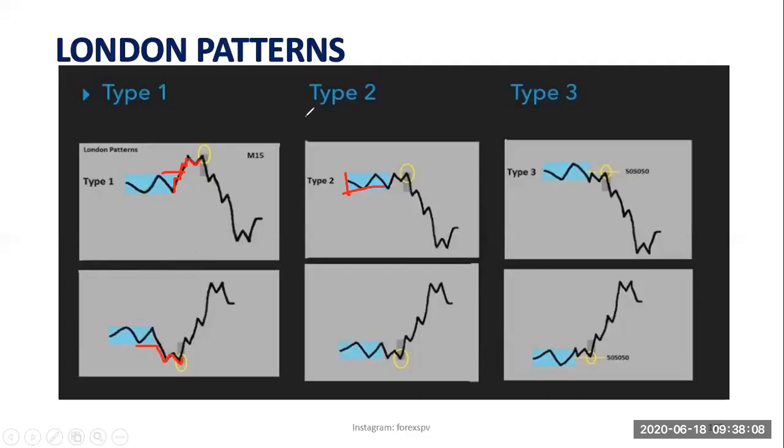And for the type 2 London patterns, these are the patterns where you simply see that the dealer is maintaining the high and maintaining the low, the initial high or the initial low of the day. And this pattern forms around the Asian high or the Asian low.